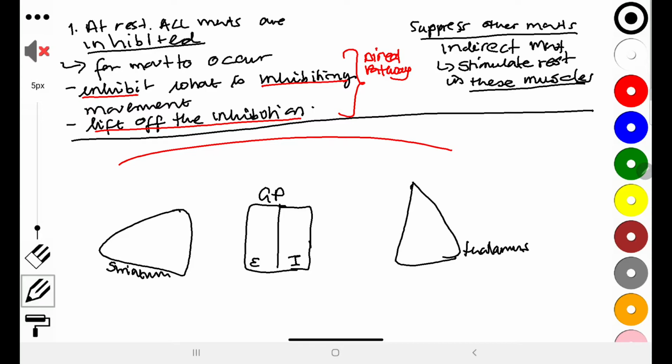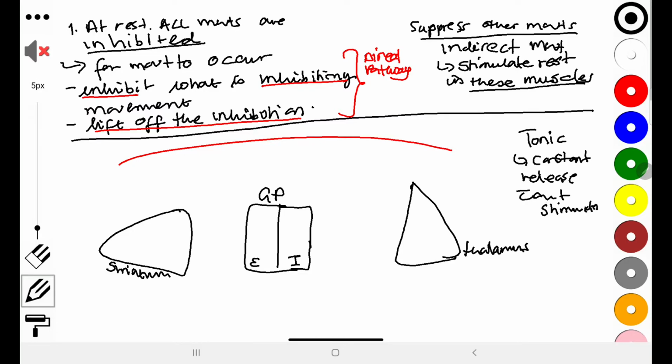Now I'd like to introduce you to some terms and a few of the neurotransmitters. The first thing that I want to introduce you to are tonic fibers. So the word tonic means constant release without stimulation.